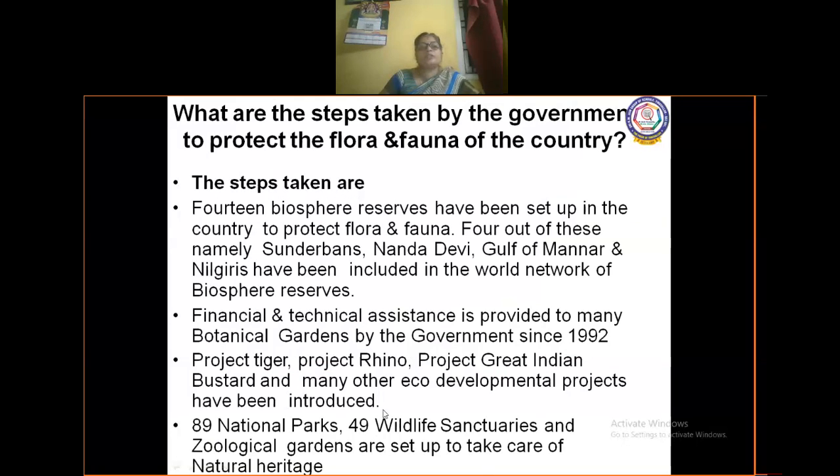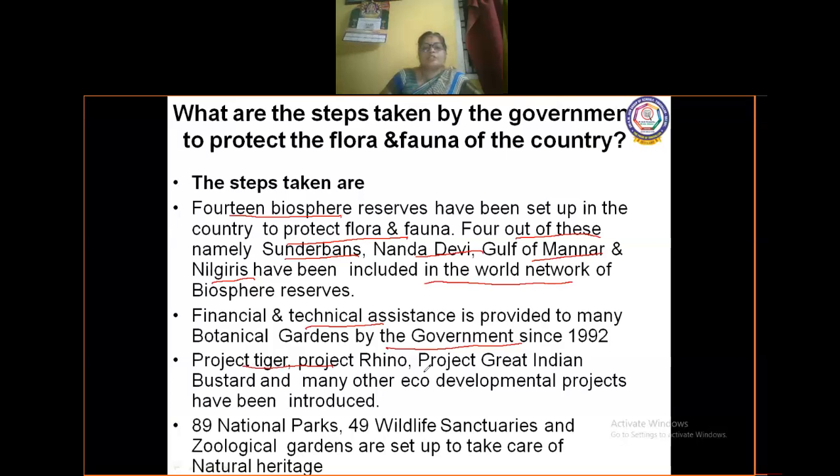Now, how to protect them? What are the steps taken by the government? 14 biosphere reserves have been set up in the country to protect flora and fauna. Four of these, Sundarbans, Nanda Devi, Gulf of Mannar, as I've shown in the pictures, are included in the World Network, and financial and technical assistance has been given by the government since 1992.